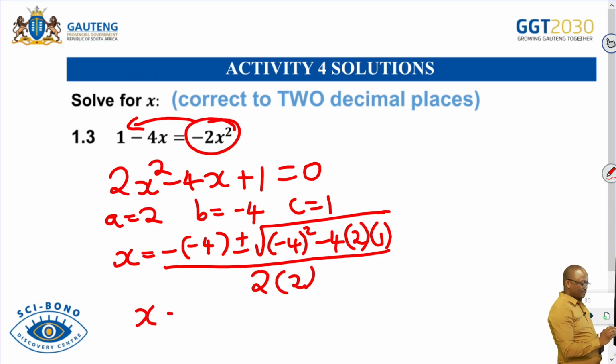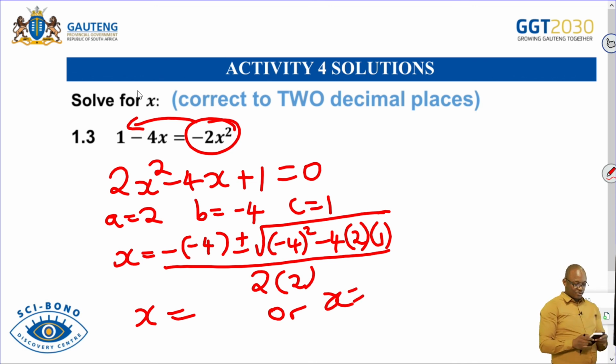Then you'll get your x values there. So you will simply punch in those numbers into your quadratic formula the way you see them, then you will never go wrong.